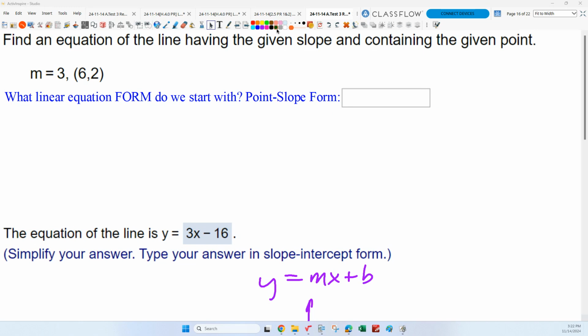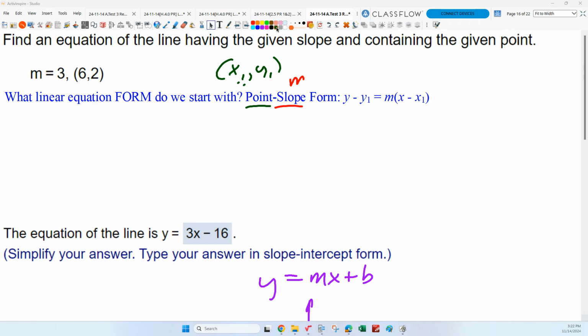Okay, again, what's my point? My point is x1, y1, and what's my slope? My slope is just m, right? So I feed all that stuff into our formula, y minus y1 equals m times the quantity x minus x1, and then I just put it in slope-intercept form by isolating y, right?